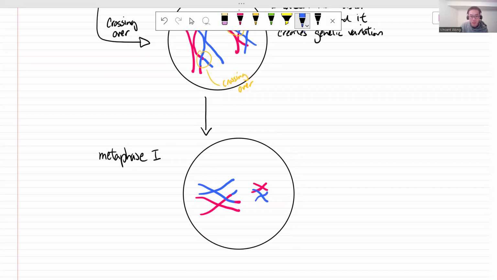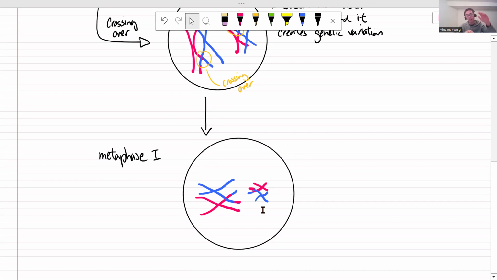And I want you to understand something here. How the tetrad lines up is a random process. In the first tetrad over here, we can see that the father copy is on top and the mother's copy at the bottom. And then in the next one, we have the mother copy on top and the father copy at the bottom. But that's completely random.